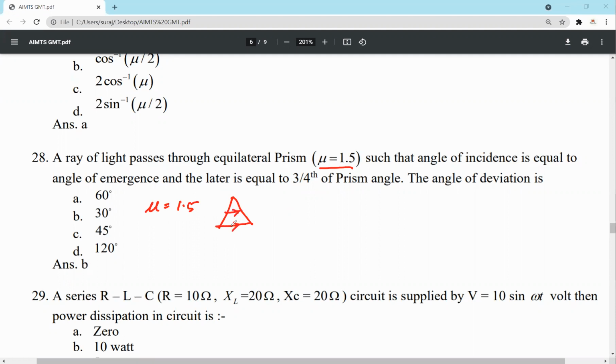i is equal to e. What is the condition for minimum deviation? i equal to e, r1 is equal to r2. That means r is equal to A by 2.